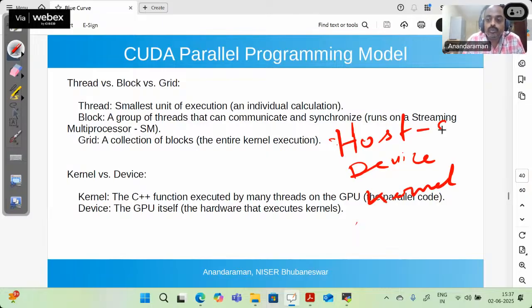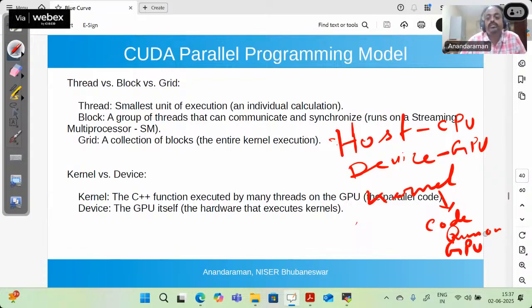Host is CPU, because without the CPU, the GPU cannot work. The CPU is needed for initializing the device, everything. Device is GPU, and kernel is the code which runs on the GPU.